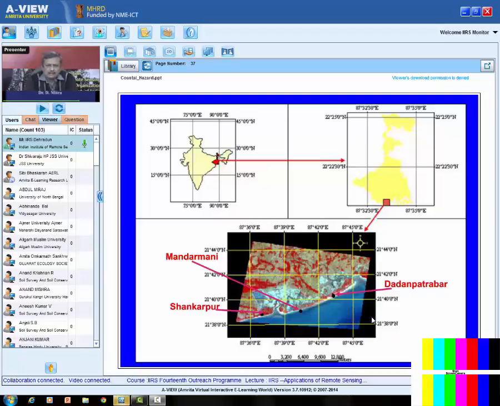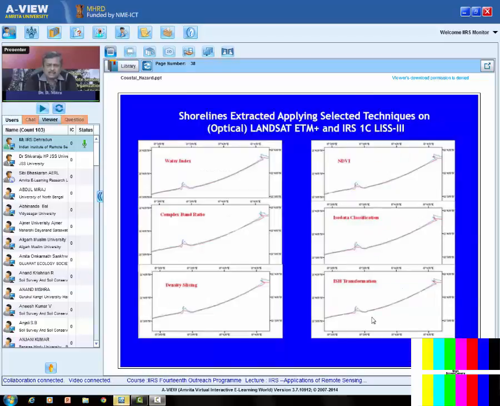Some more study has been carried out in the Bay of Bengal in the Mandarbani region. I'm not going into detail. We have extracted the shoreline in various time domains from Landsat ETM plus and LISS 3. Various techniques are there for extracting the shoreline, like water index, band ratio, density slicing, NDVI, isolated classification, IHS transformation.